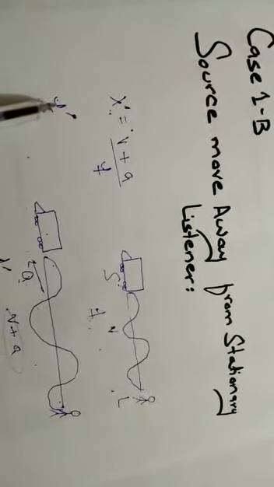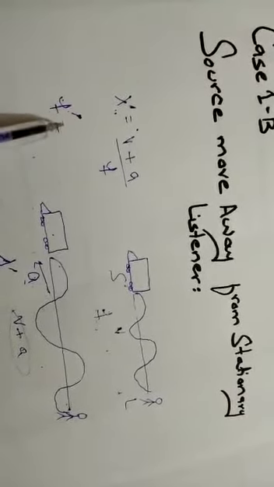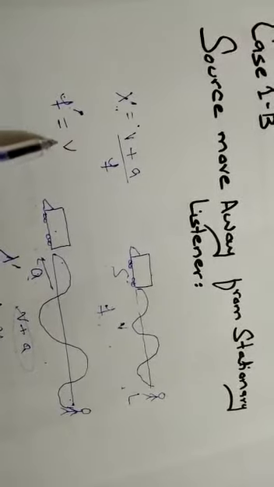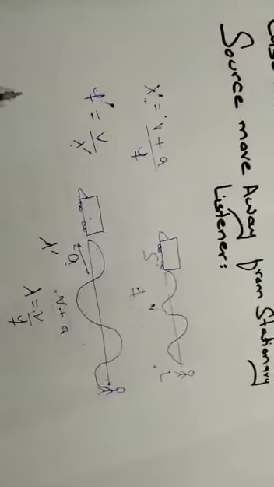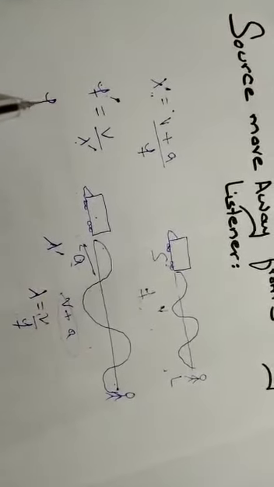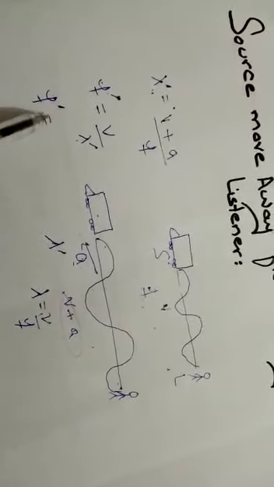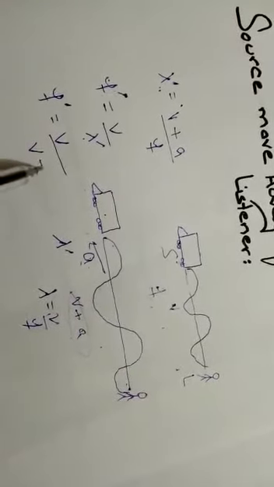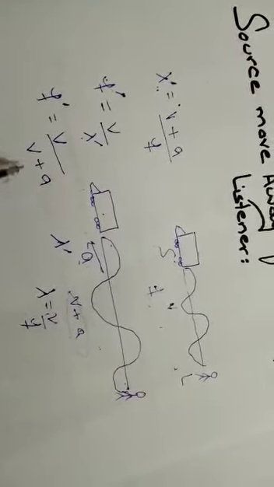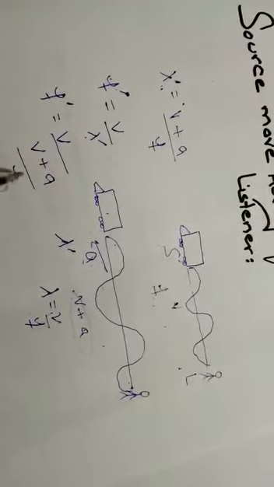So the apparent frequency is denoted by f prime. This is the new frequency, that's again equal to v divided by lambda prime. So we can write f prime is equal to v by (v plus a divided by f).